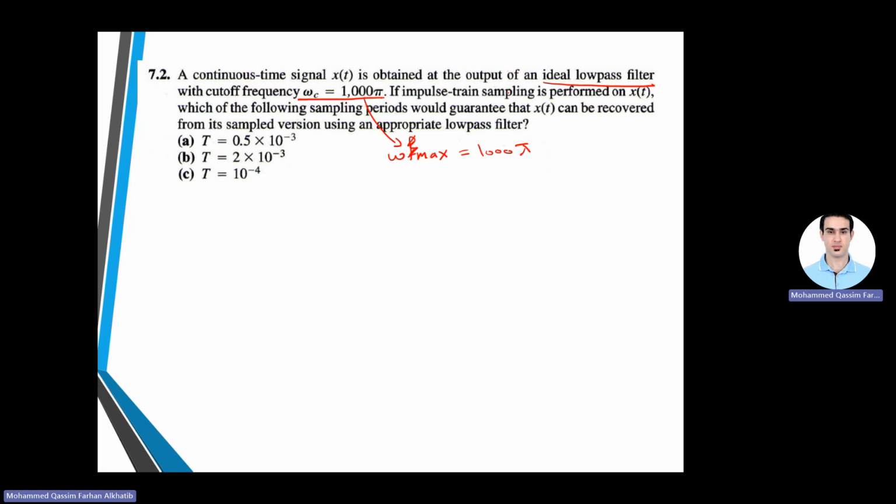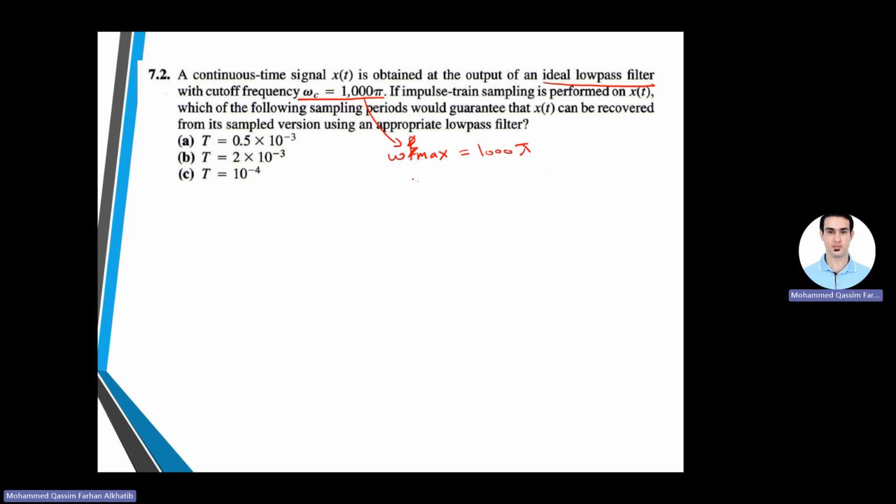What does cutoff frequency mean? That if my signal frequency is higher than the cutoff, it will be terminated. Only low frequency components will pass. So my signal is at maximum 1000 pi.